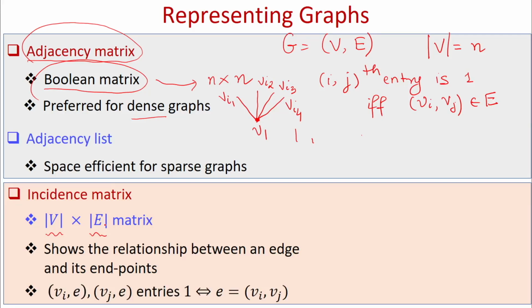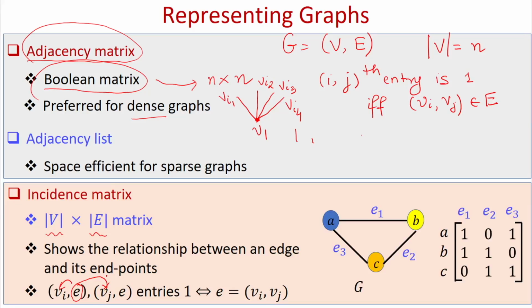So what it means is the following: if you have an edge E with Vi and Vj being its endpoints, then the entry Vi comma E and the entry Vj comma E will be 1, and the remaining entries will be 0.